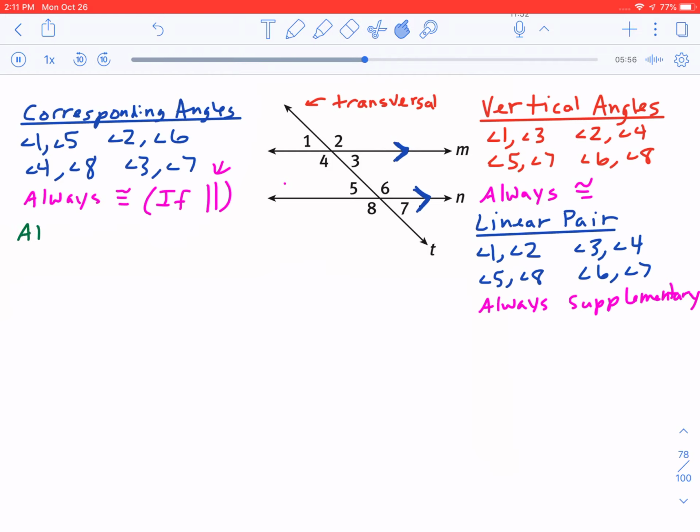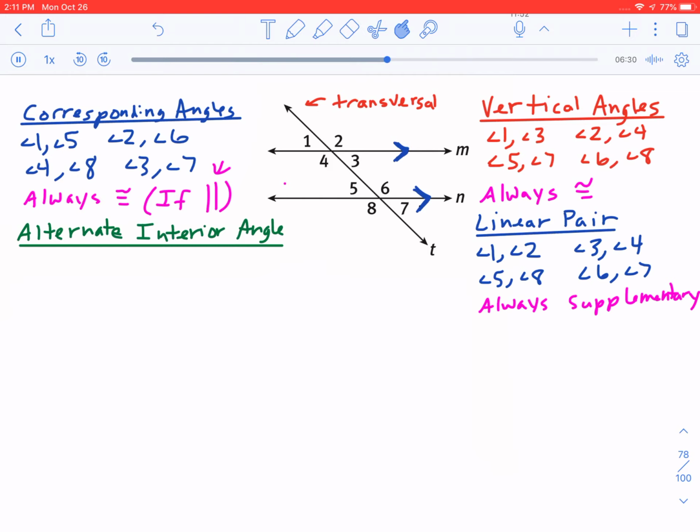And then we get to alternate interior angles. Now, one of the things I want to talk about here is that these words tell a story. They're actually quite descriptive. With alternate interior, the alternate has to do with which side of the transversal it's on.